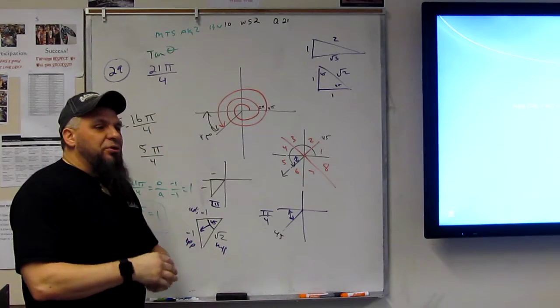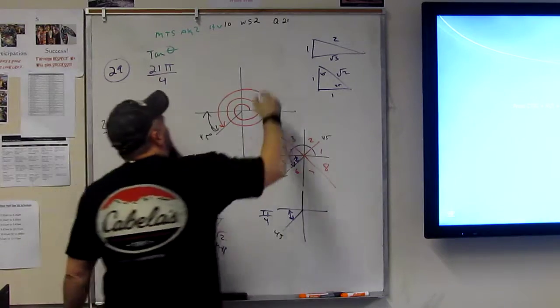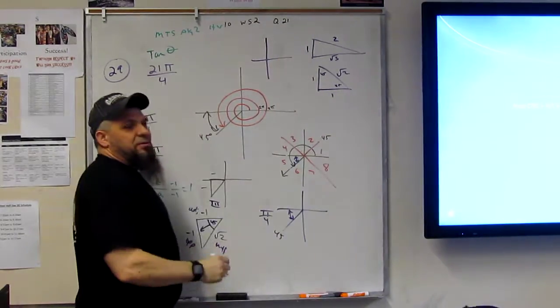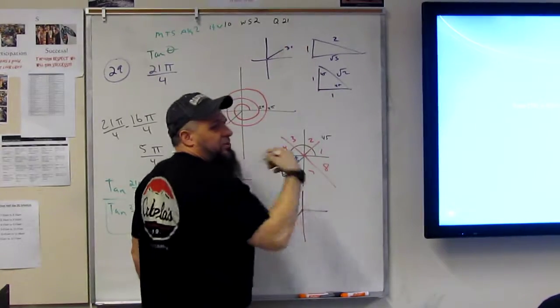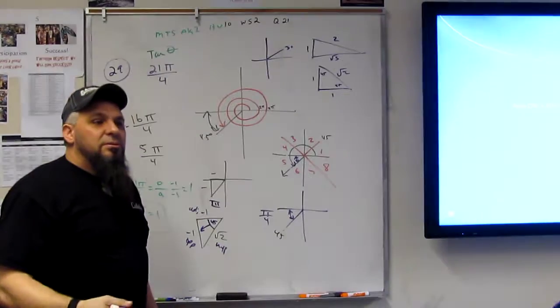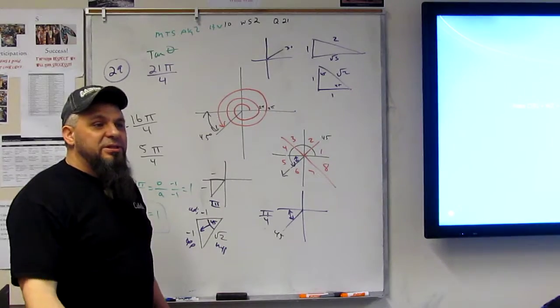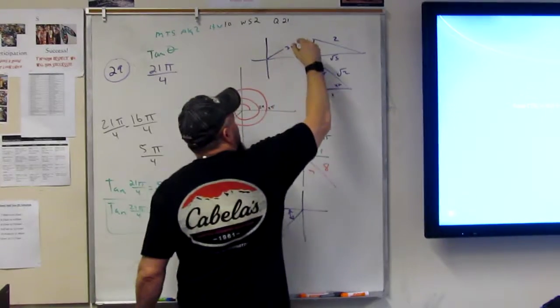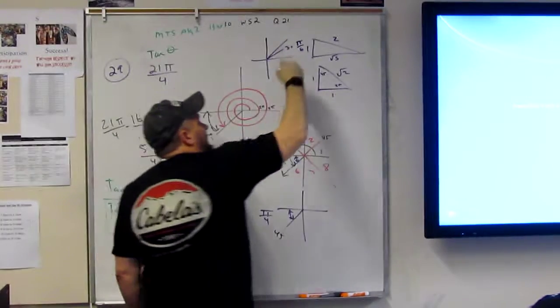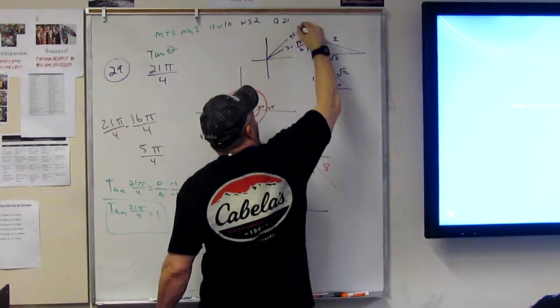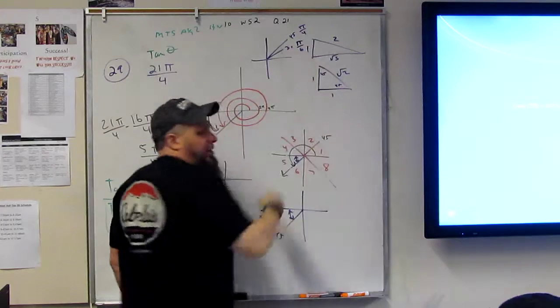You have to have that. If you do your unit circle, the most important part of that unit circle is right here, 30, which is how much? 1 pi over 6, right? It's one piece of pi over 6. 45 is one piece of pi over 4.